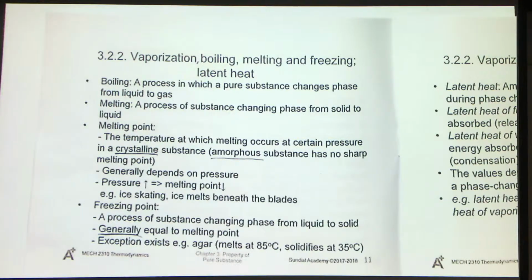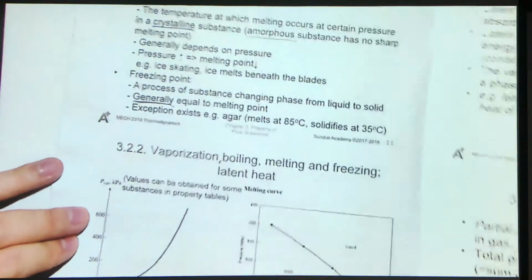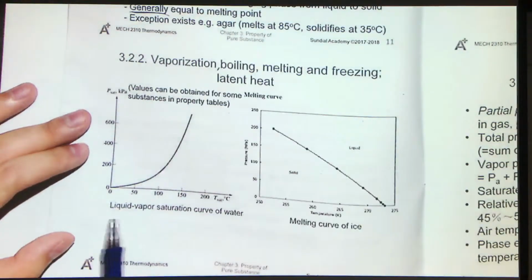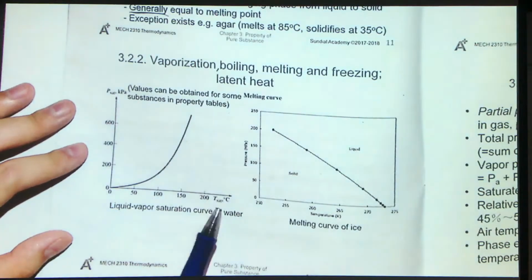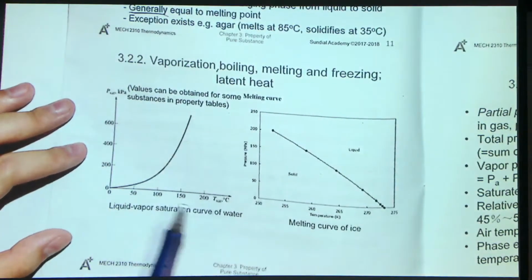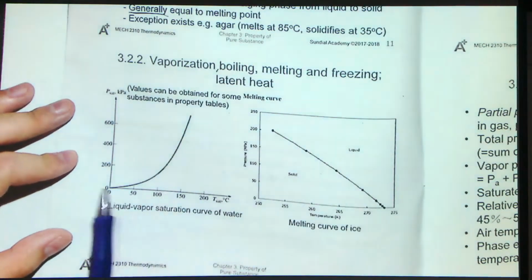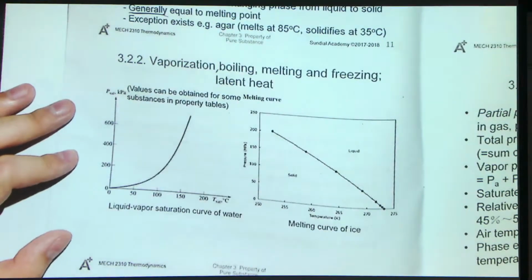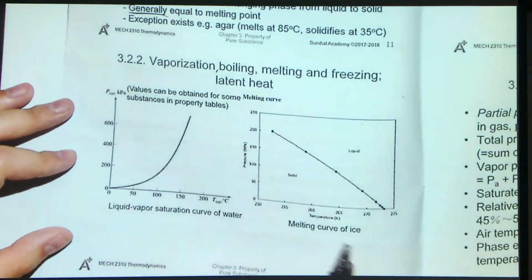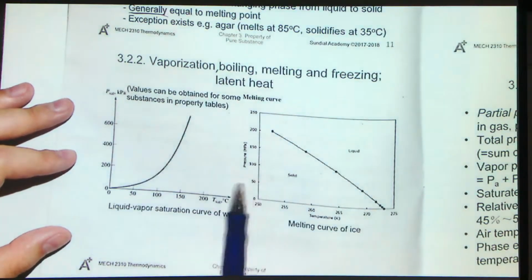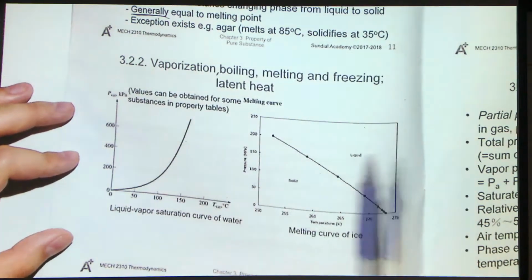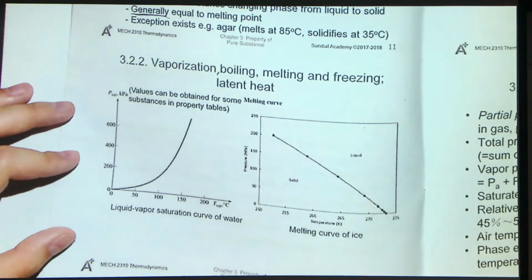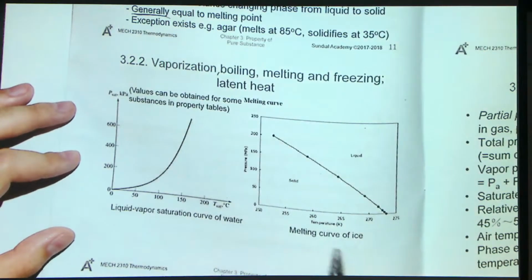And here is the so-called melting curve. Here we have the liquid-vapor saturation curve. P sat is plotted against T sat, and you can see an increasing trend. But the melting curve has a reverse trend. That is, if we increase the pressure, the melting temperature decreases. From this diagram, we can see why ice skating makes the ice melt.